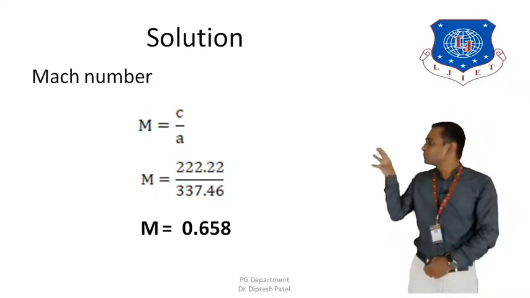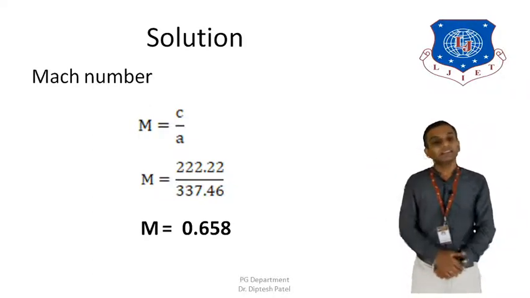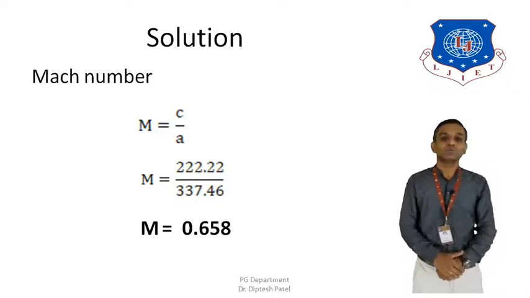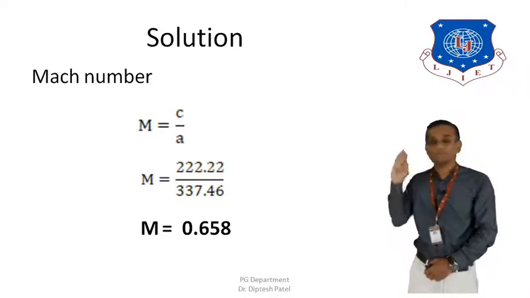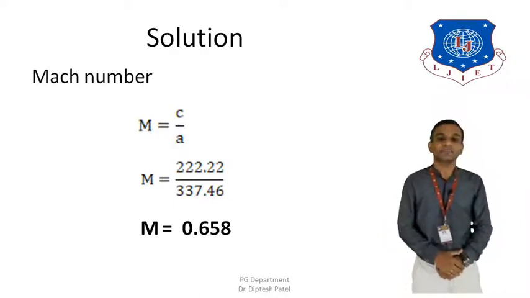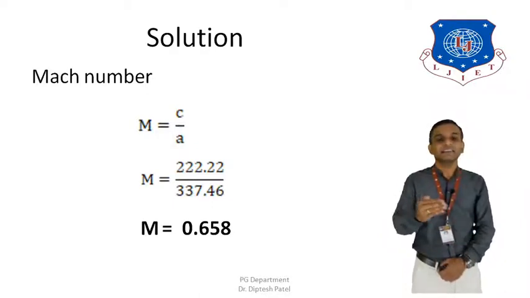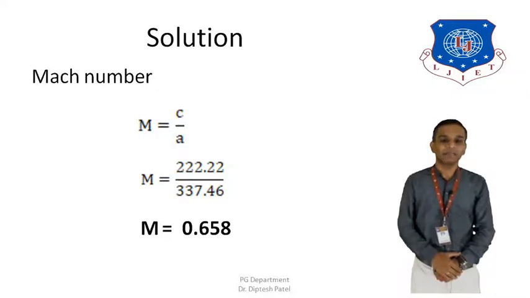Putting the values in this equation, M is equal to 222.22 divided by 337.46, and going through the calculation we get M as 0.658. So this is our last finding, the Mach number.